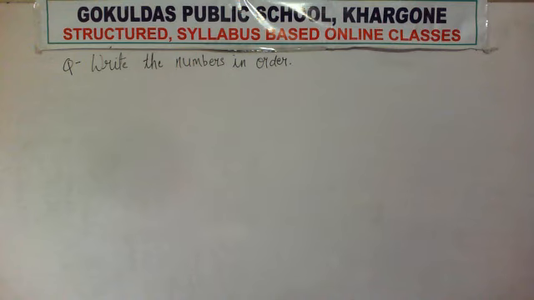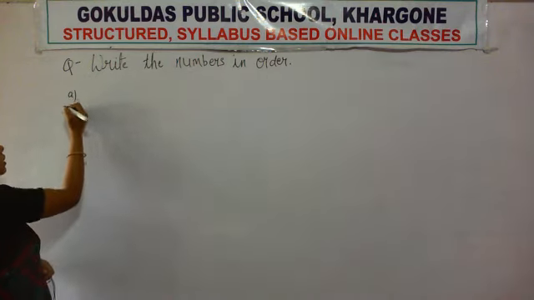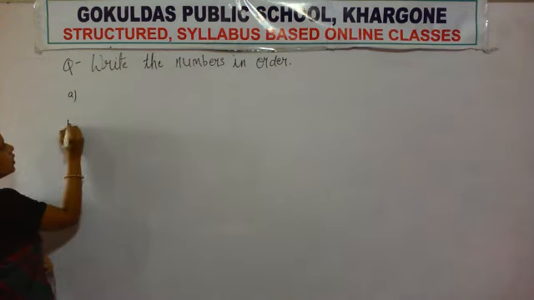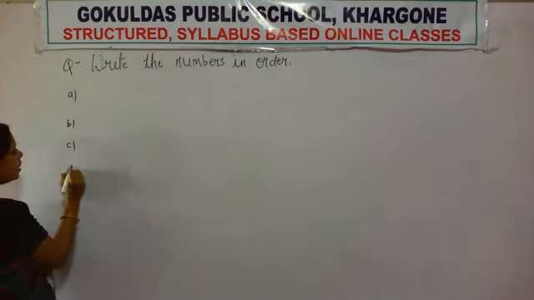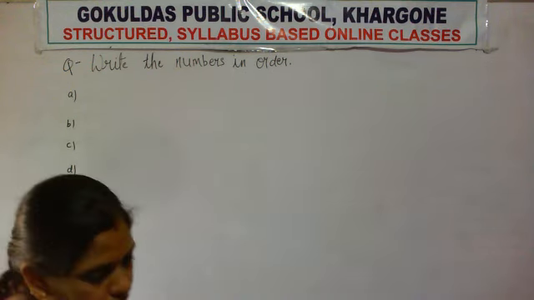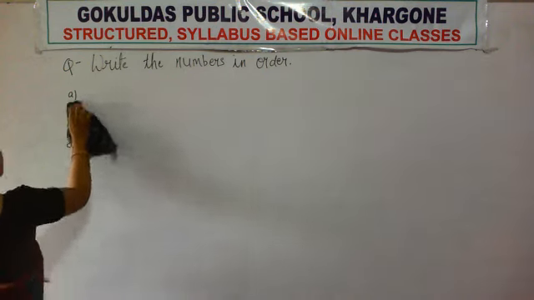That you have to write the numbers in order. So first copy all the questions, then one by one we will solve them. A, B, C, D and E. 5 questions are there.